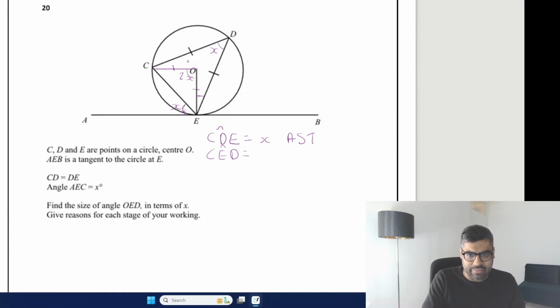We then need to divide that by 2 to work out angle CED. So we're going to have 180 minus x divided by 2 because it's an isosceles triangle. Now that simplifies to 90 minus half x. So I'm just going to write 90 minus a half x.